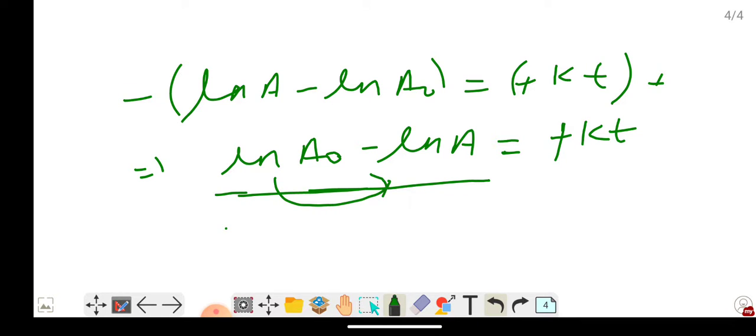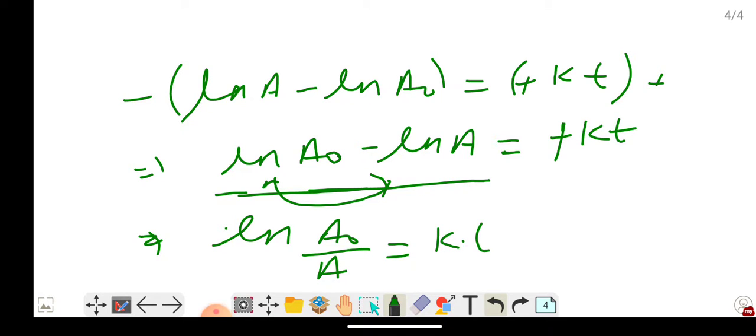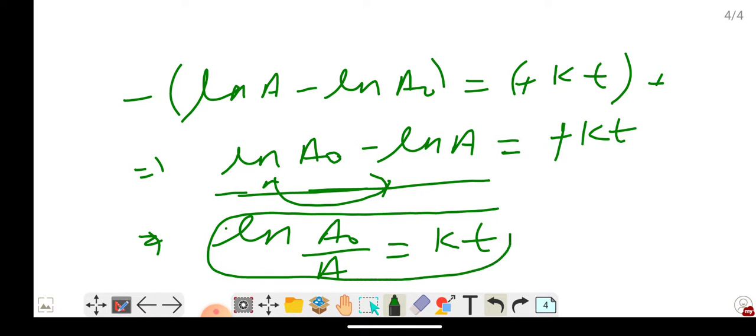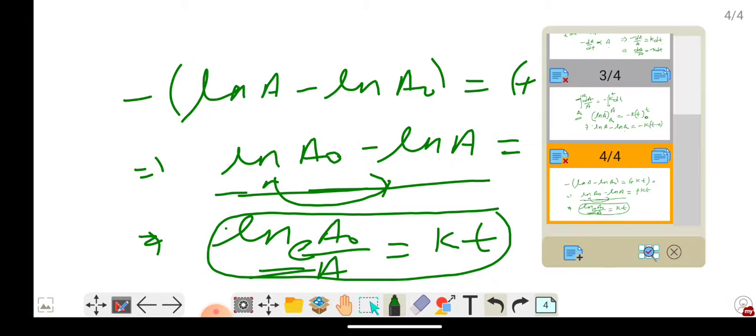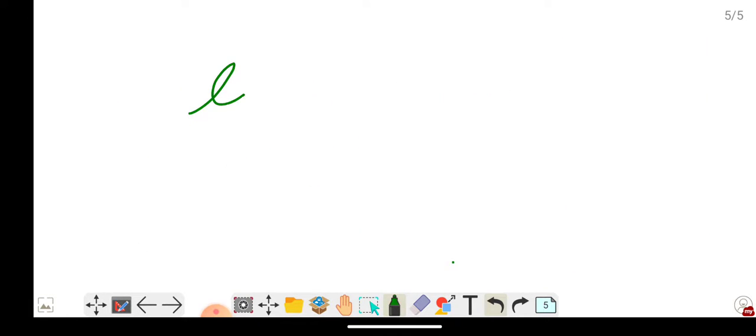Okay, this implies ln A naught by A is equal to Kt. Here we have natural log, convert it into the log with base 10. So log A naught by A is equal to Kt.